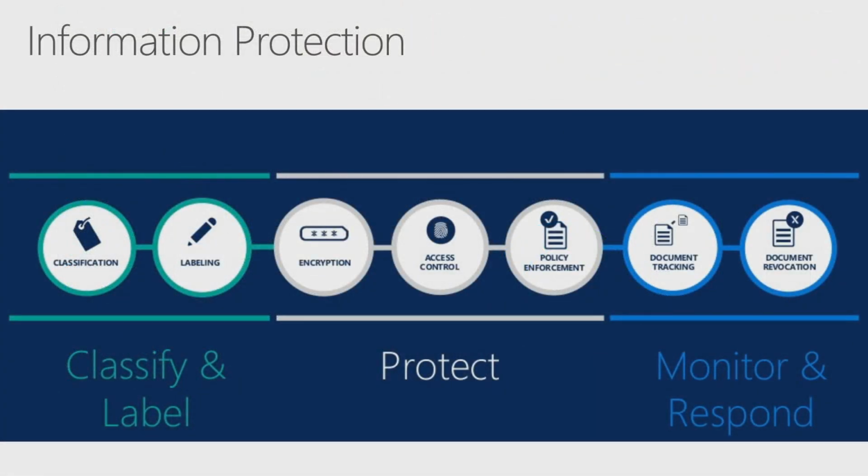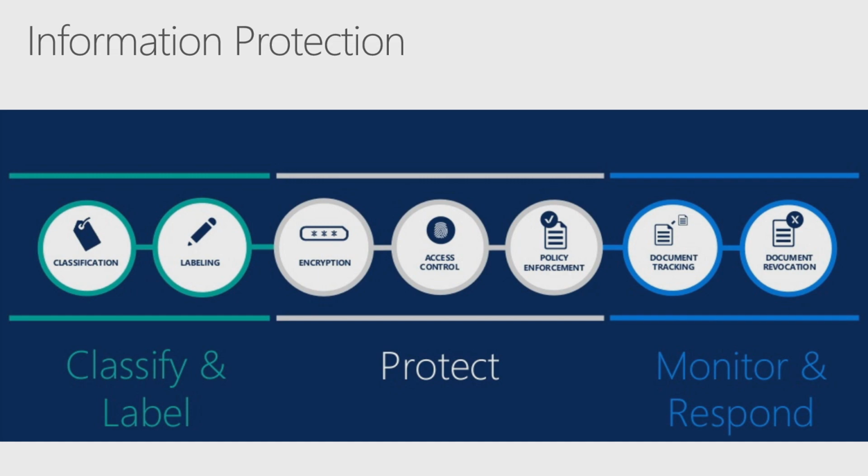What is Azure Information Protection? From this slide, we can view the high-level process flow of Azure Information Protection. First, AIP, or Azure Information Protection, will classify and label the document.